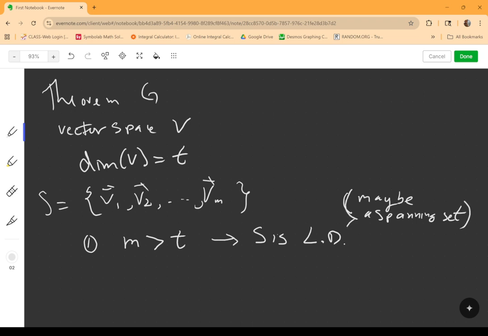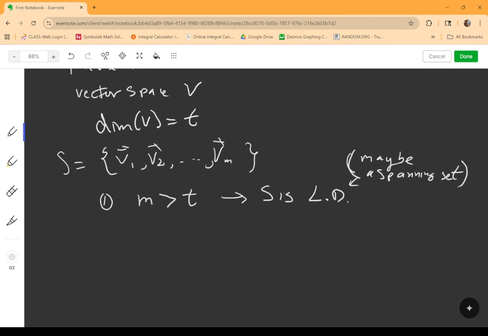So just keep in mind that those are two separate concepts. When they come together, linear independence and spanning, that's when we have a basis, a special set. But here, M greater than T, S is linearly dependent. Maybe a spanning set, I don't know. That would require some more investigation into our set.